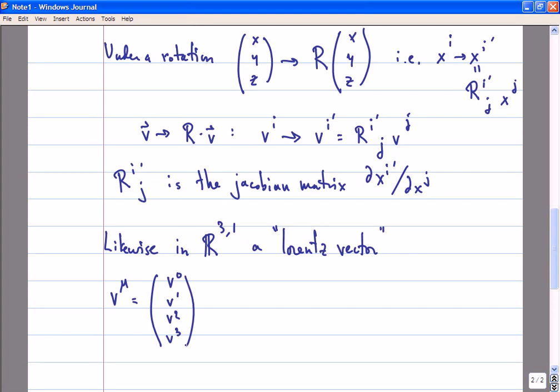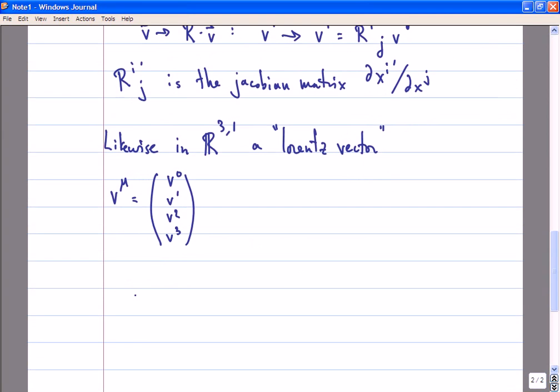And under the Lorentz transformation, which takes the coordinate x^mu to lambda^mu_nu x^nu, this vector just transforms by multiplication by the 4x4 matrix, which describes the Lorentz transformation. I guess I should call that lambda mu prime.